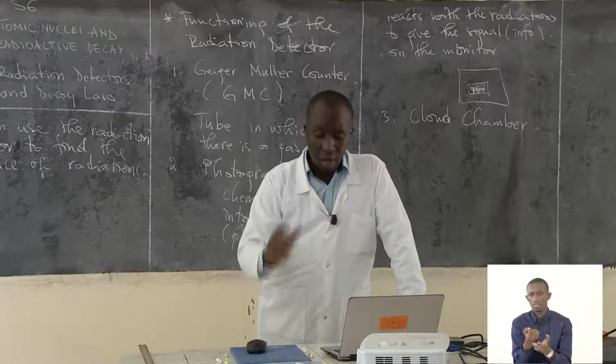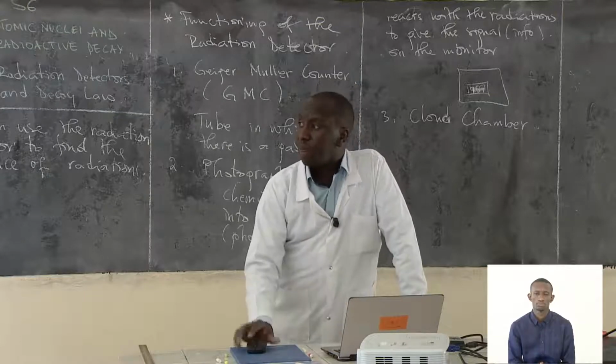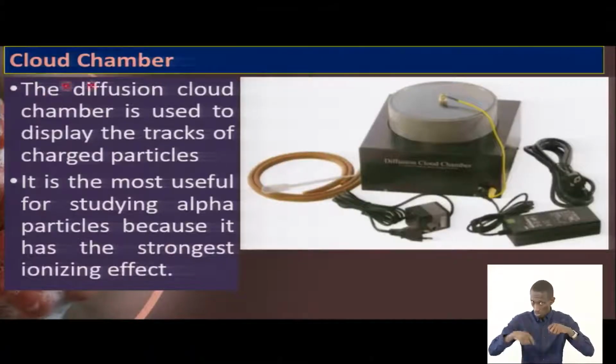Okay, so the device here, the diffusion cloud chamber, is used to display the tracks of charged particles. It is the most useful for studying alpha particles because they have the strongest ionizing effect. That's what we have with this device. But again, I want you to note down: you remember this ionizing effect of the different radiations?